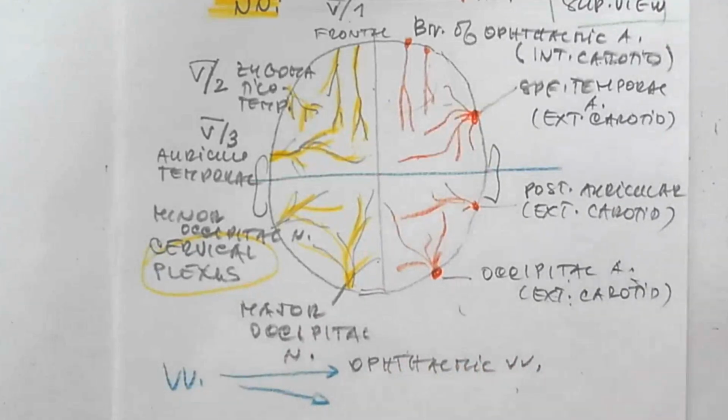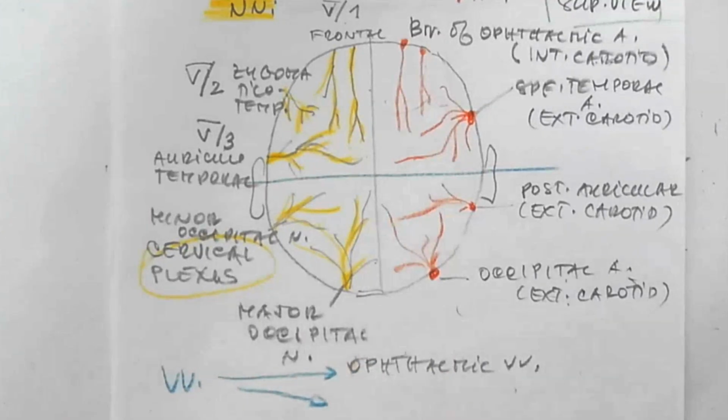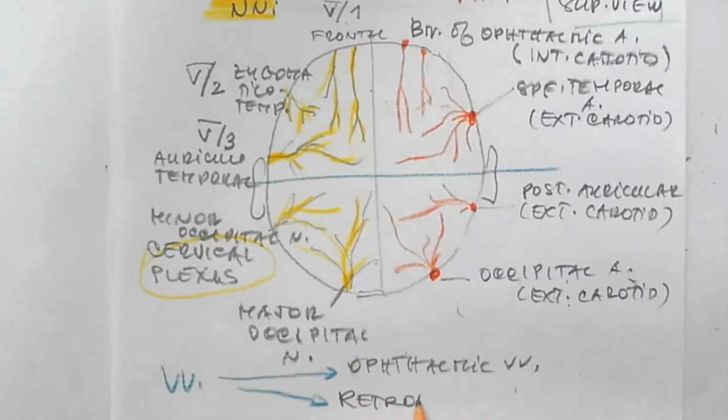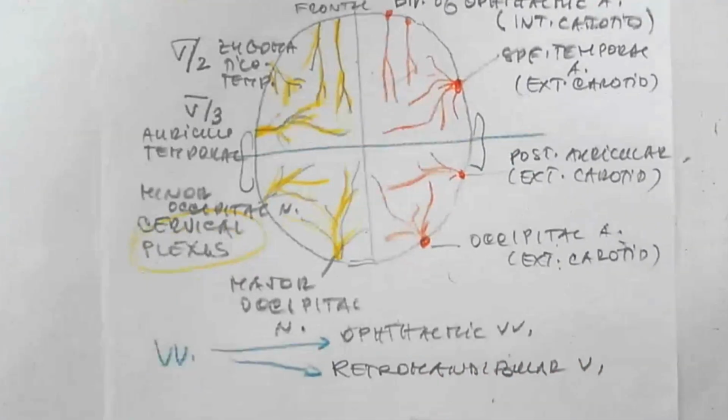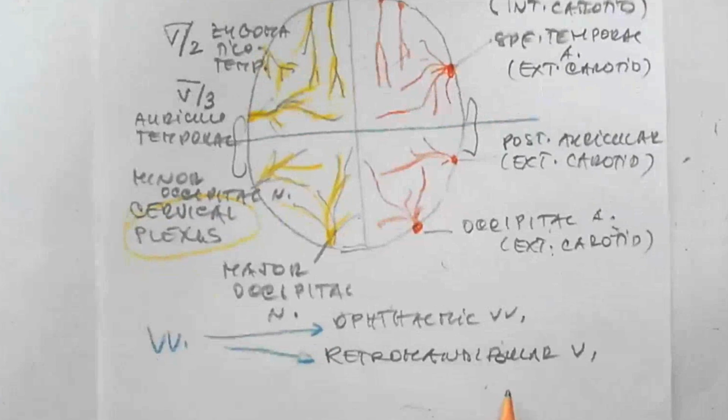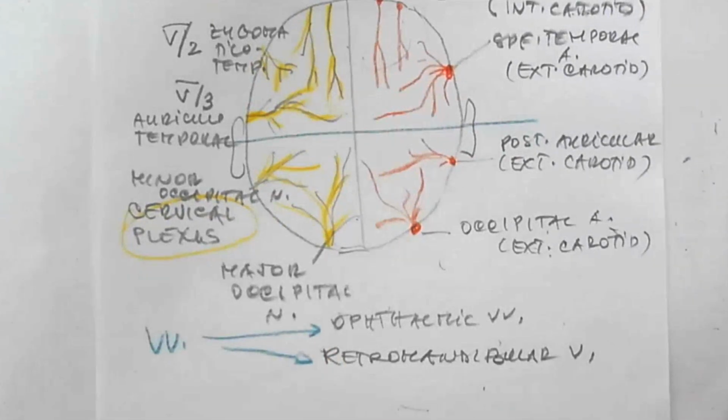They drain into different sources like the sinuses in the cranial cavity, or separately into the retromandibular vein. The retromandibular vein is one of the main veins collecting blood from the dorsal side of the head. We will see some diagrams.